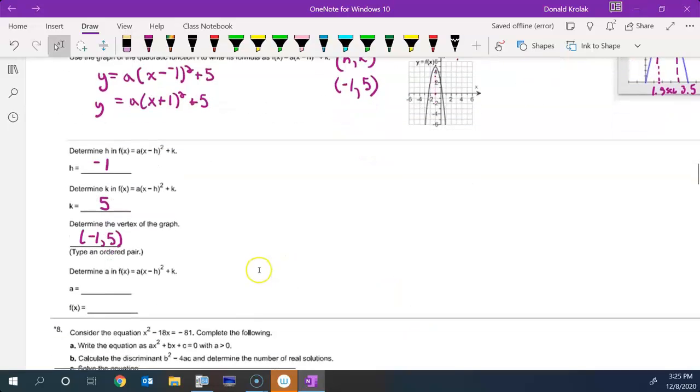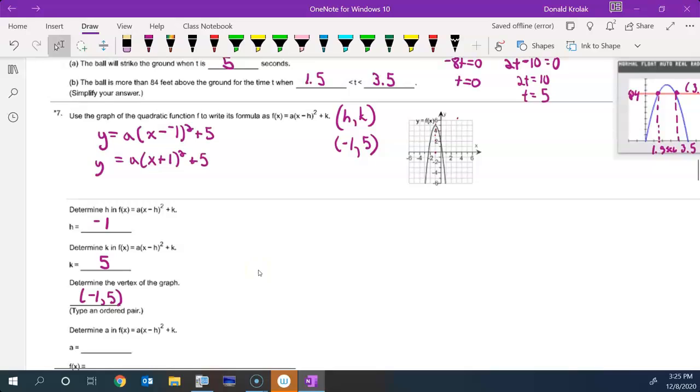All right, now to determine a, we're going to take our formula here and pick another point from this graph, like the y-intercept, which is (0, 2). To get a, I'm going to substitute in 0, 2 for x and y, and then solve for a. If I do that, I'll end up with 2 is y.